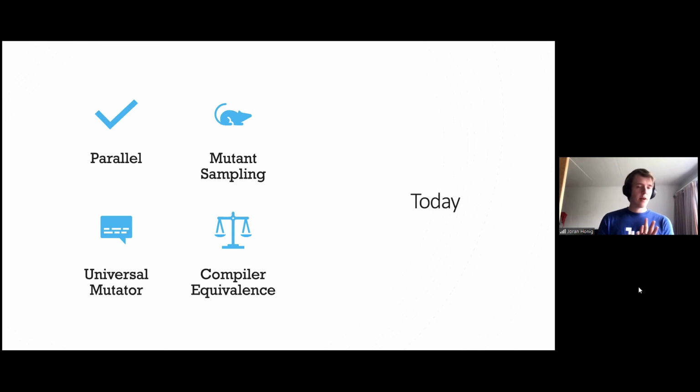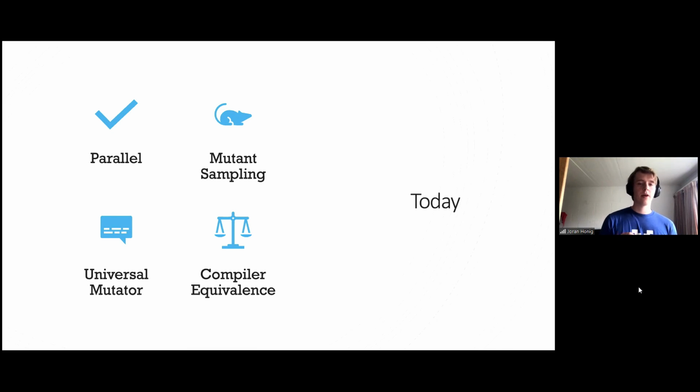And the last major feature is compiler equivalence, and this kind of reflects back to the equivalent mutation, which I mentioned more towards the beginning of this talk. So to recap a little bit, an equivalent mutant is a mutant that doesn't actually change anything about the code. And we can use the compiler, so solc, to capture some of these. So what we'll do here is take the original program and its mutant and compile them both using solc.